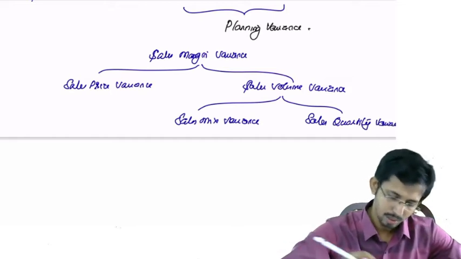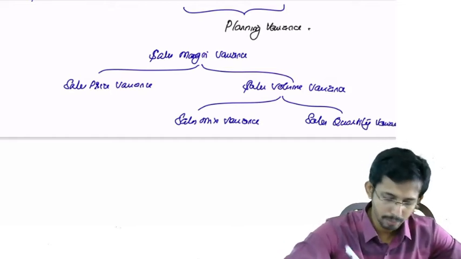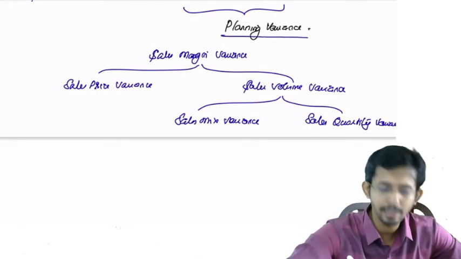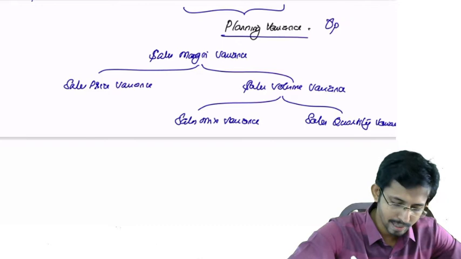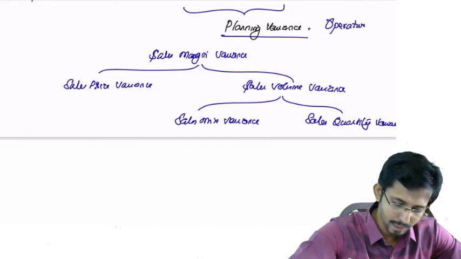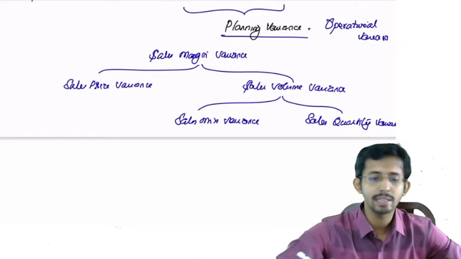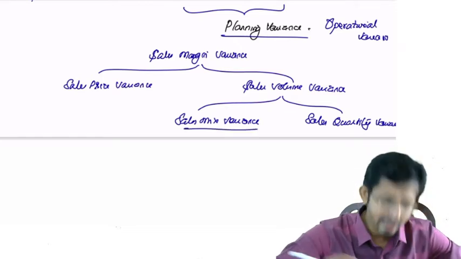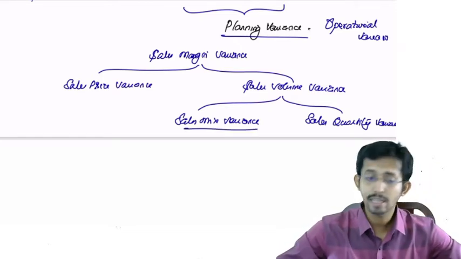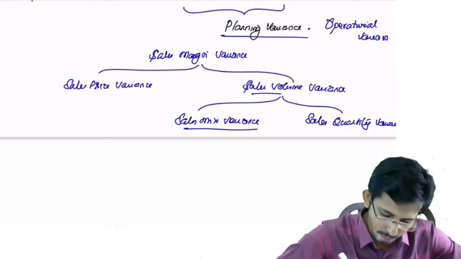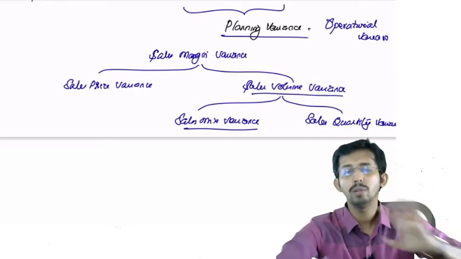Okay, now initially itself we know that there are two types of variance: planning variance and operational variance. So here the requirement is to compute the operational variance, that too only two variances, which are the sales mix variance and what else? Sales volume variance, sales margin volume variance. So these two you have to compute.